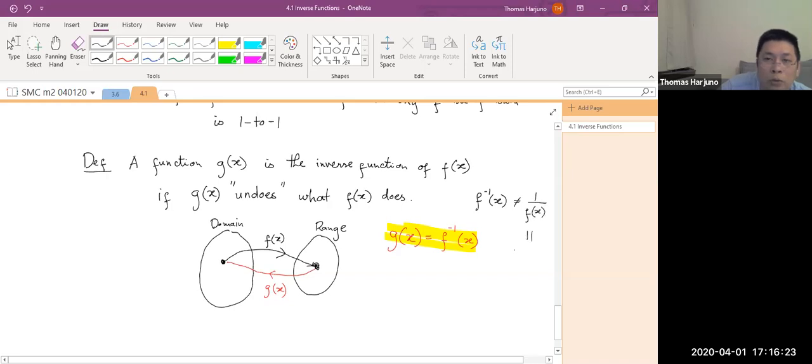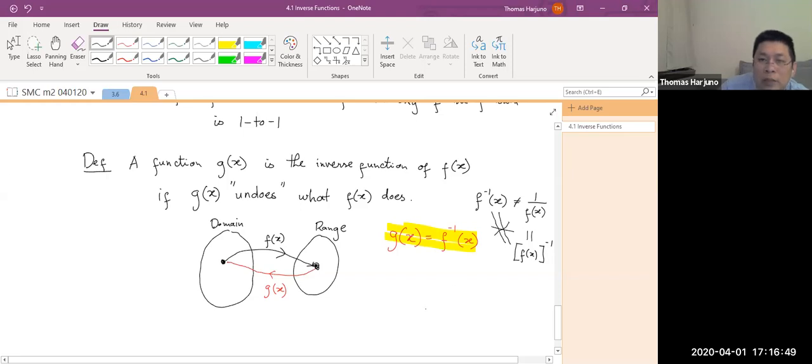If you want to use the -1 exponent for 1 over f(x), it should be written as f(x) to the power of -1. But the inverse function of f(x) is not 1 over f(x).